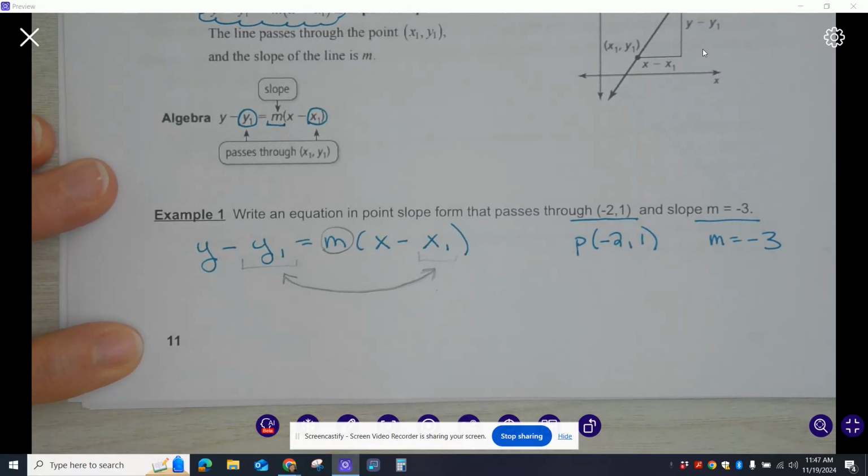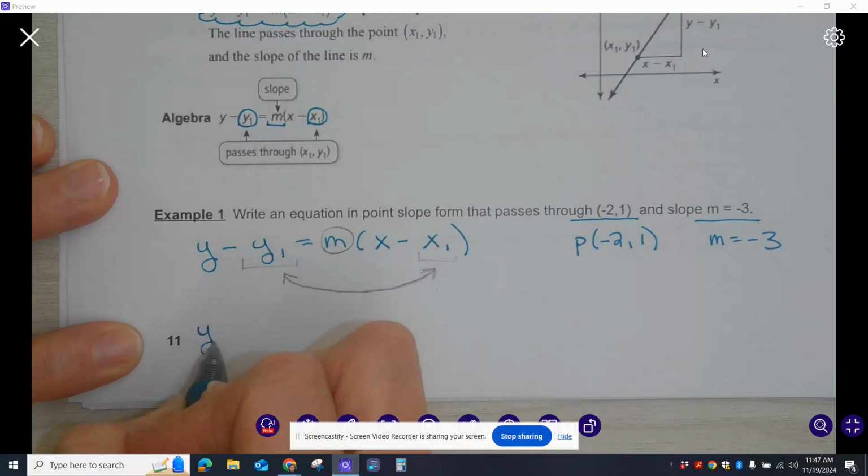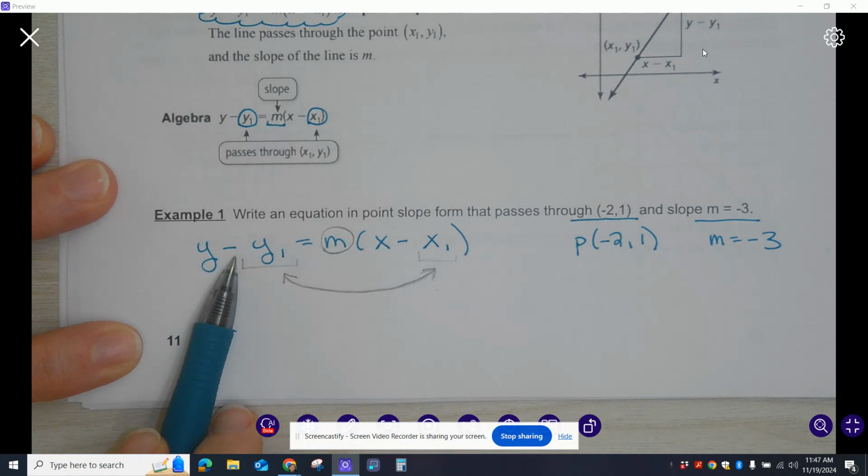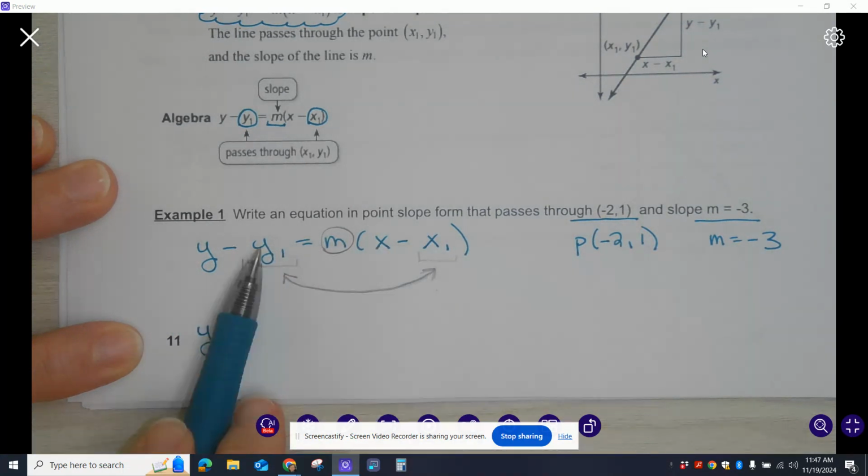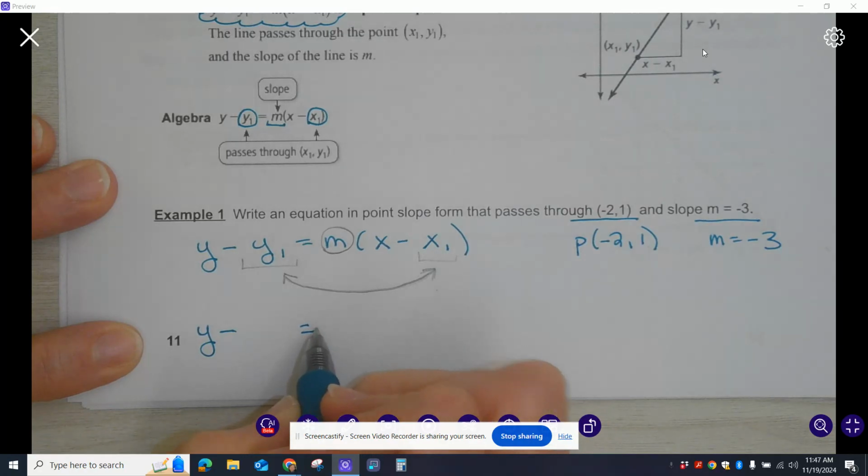So I'm going to recopy this equation. Y and minus are part of the equation. Y1 is where I'm going to substitute in a value, so I'm going to leave a hole there. M, I'm going to put my slope in there.